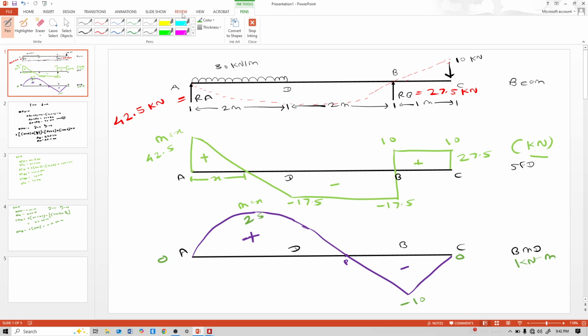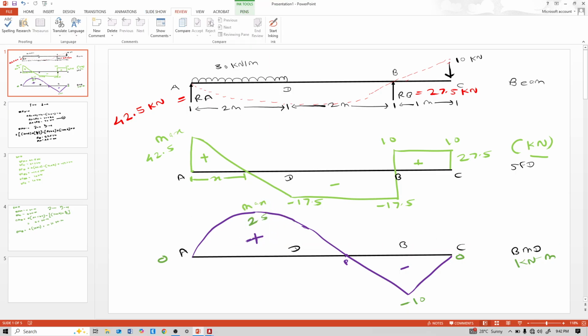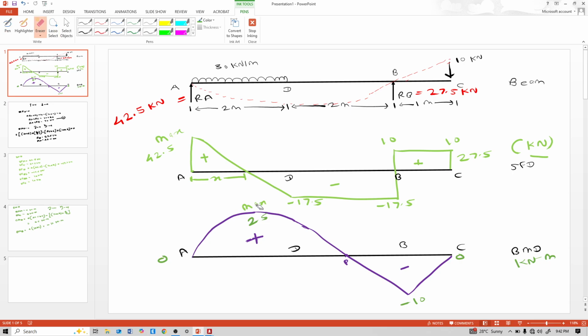Here that means at point D it is 25. Now let's calculate maximum bending moment.